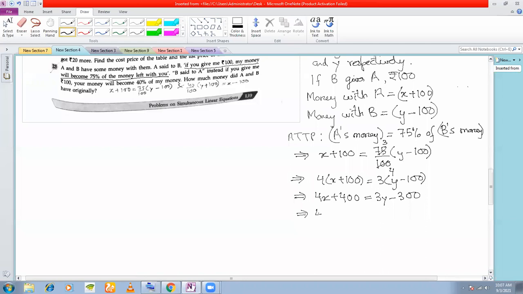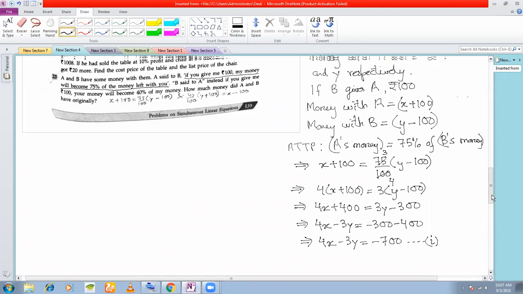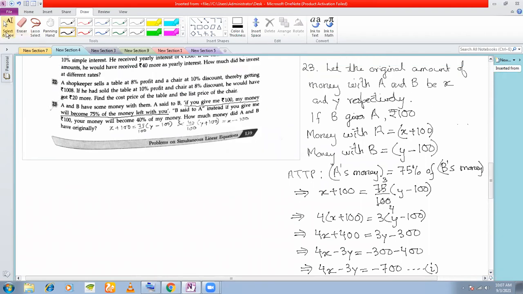Now you take X and Y on one side. So you get 4X minus 3Y is equal to minus 300, and you take 400 on the other side. The equation that you are getting here is 4X minus 3Y is equal to minus 700. This is our first equation. Okay. So the first statement that I have underlined here will give our first equation.